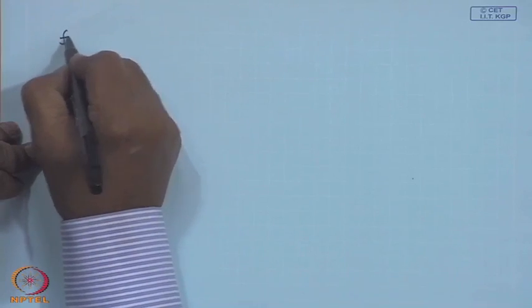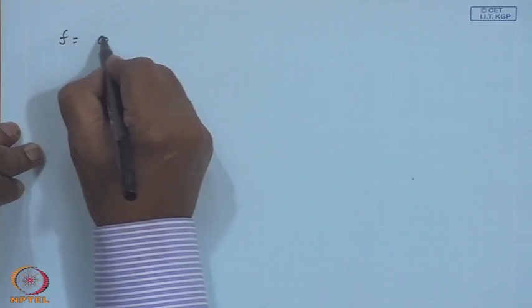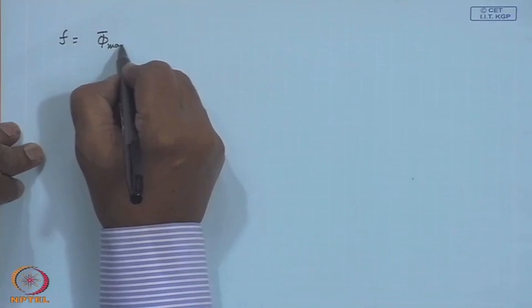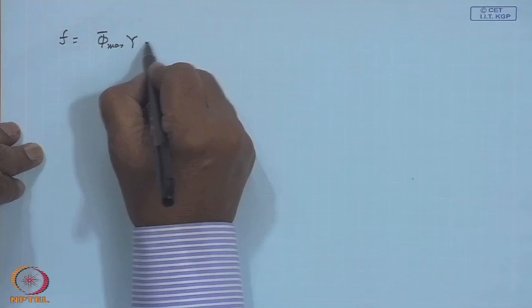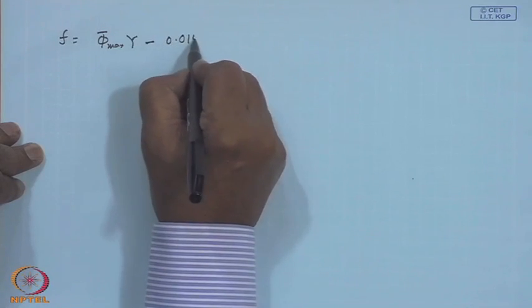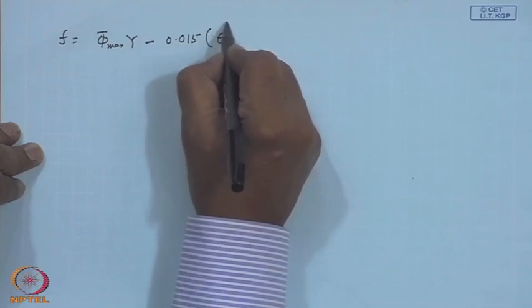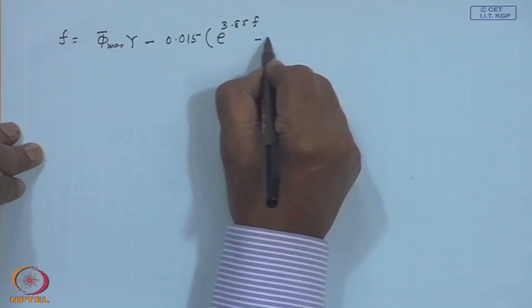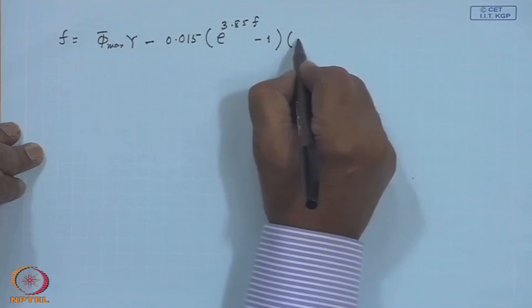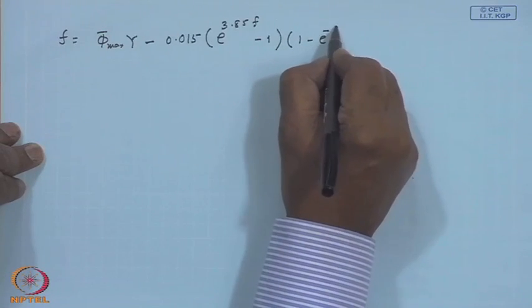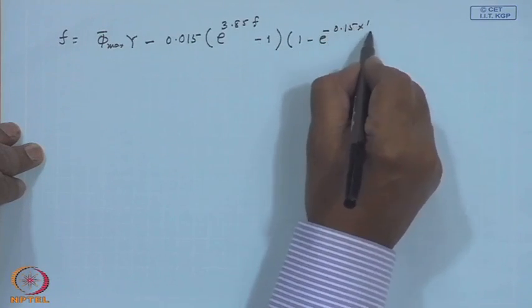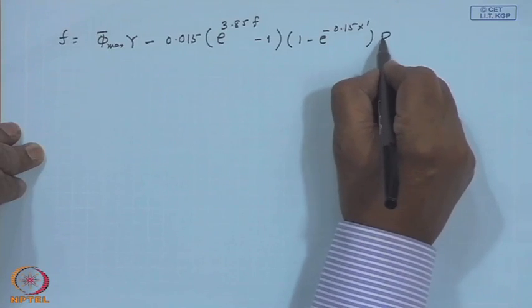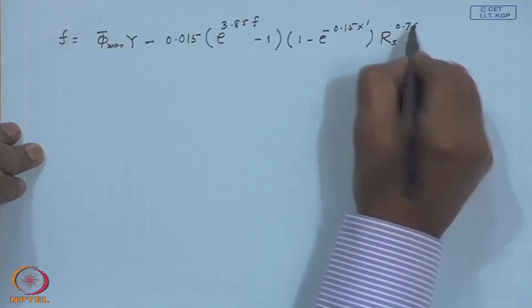So, now solar load fraction F by the phi bar F chart correlation is phi bar max y minus 0.015 times e to the power 3.85 f minus 1 times 1 minus e to the power minus 0.15 x dash times r s to the power 0.76.